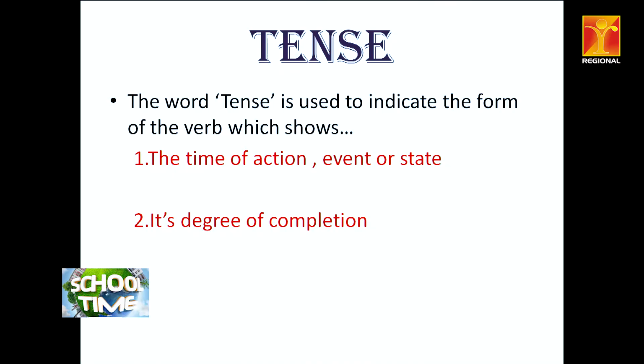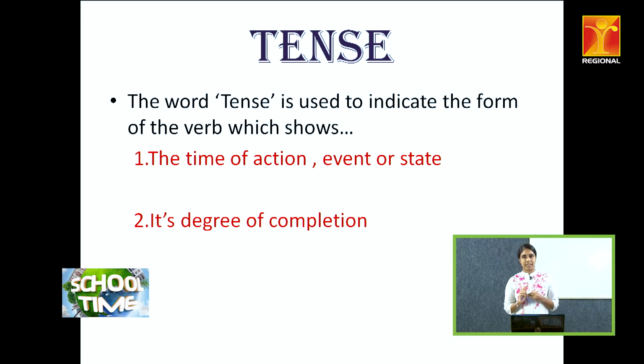Is it completed or is it continuing? Has it started? We can get information about that.